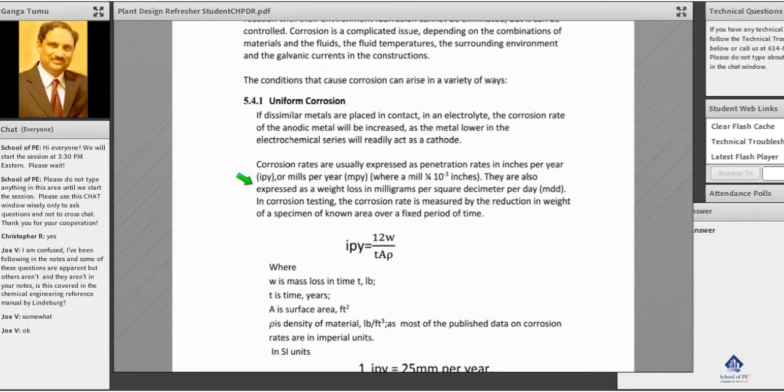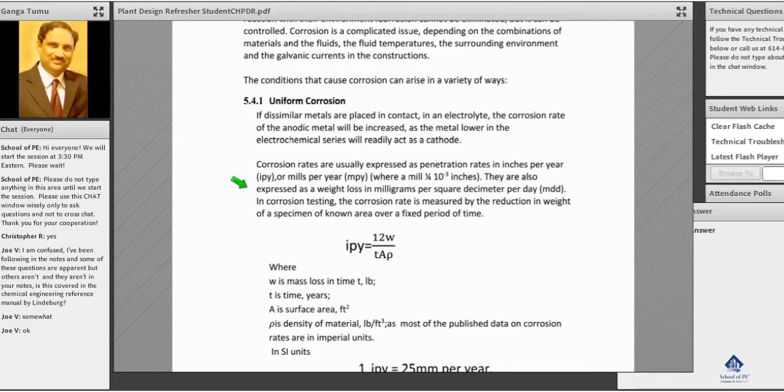Where 1 mil is 10 to the power of minus 3 inches. They are also expressed by weight loss in milligrams per square decimeter per day. It is called MDD. This is the one I was talking about in the plant. When they do lab scale and pilot scale work, they put in a uniform metal piece called a coupon.